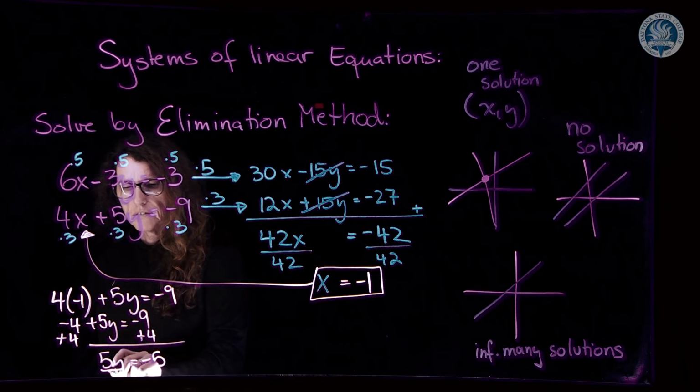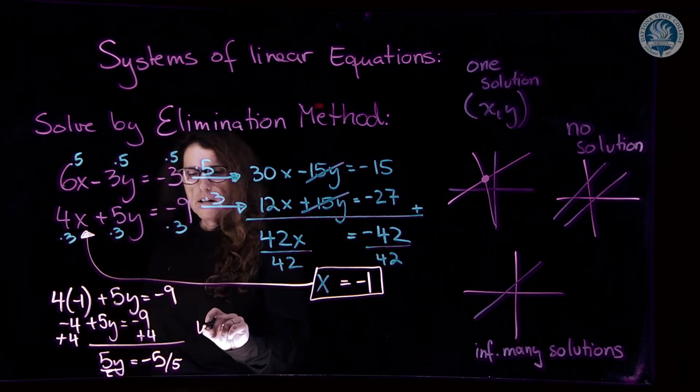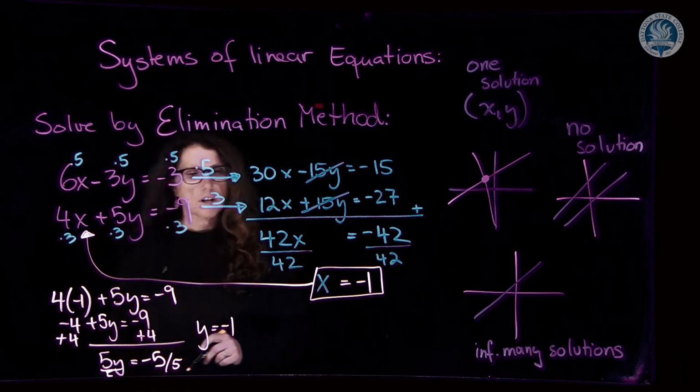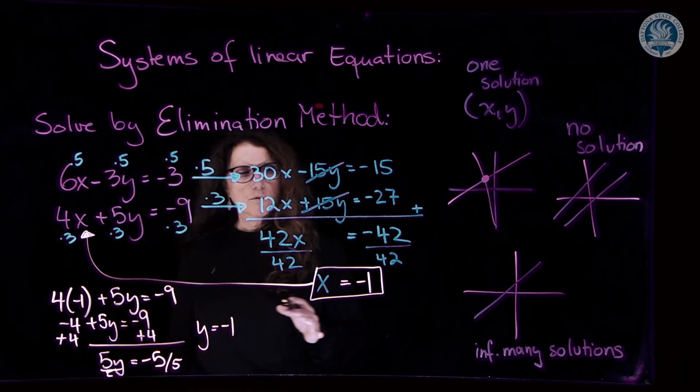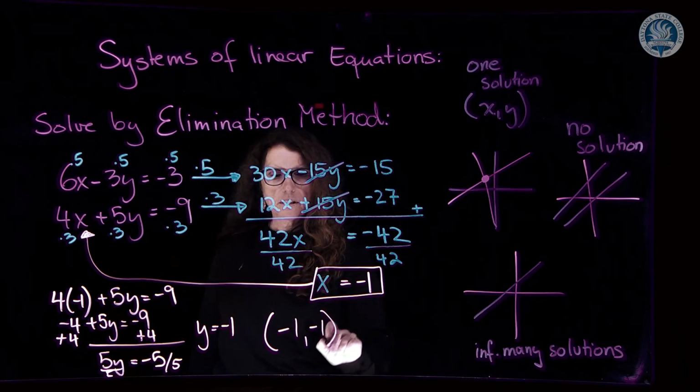Look at that. Divide by 5. Y is also equal to negative 1, negative 5 divided by 5. Therefore, our ordered pair is negative 1 comma negative 1.